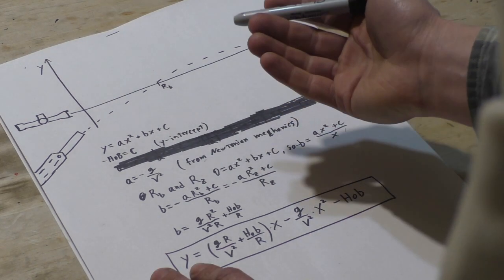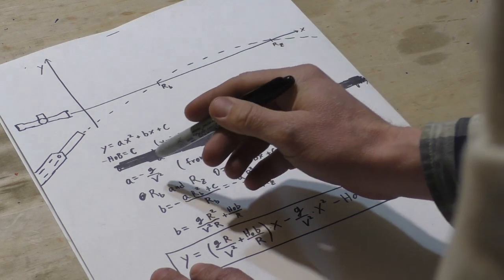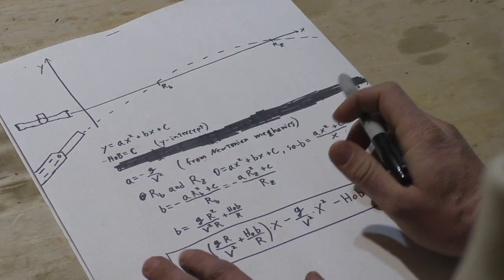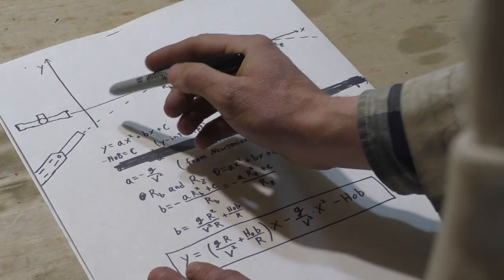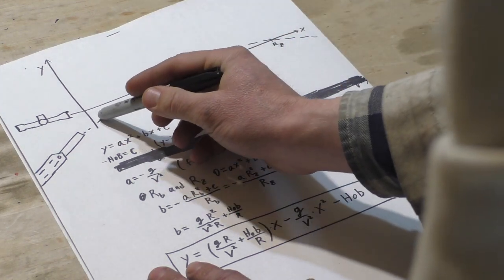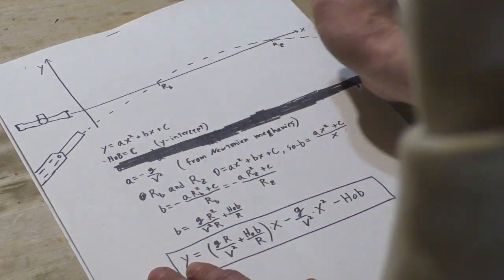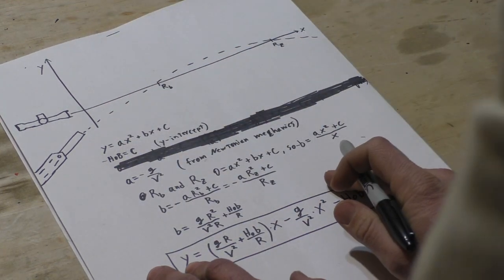Now, again, as a first approximation, I'm just going to take v as the muzzle velocity that I would measure with a chronograph. We know that because of air resistance, velocity will actually decrease as the bullet moves downrange, so it's not going to be quite constant over this distance.